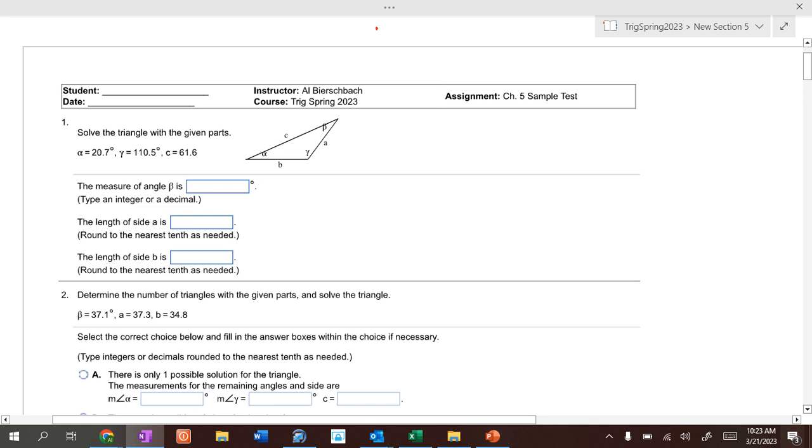Okay, so getting ready for the test. On this problem, if this is 110.5, C is 61.6, alpha is 20.7, what do we do to figure out B?